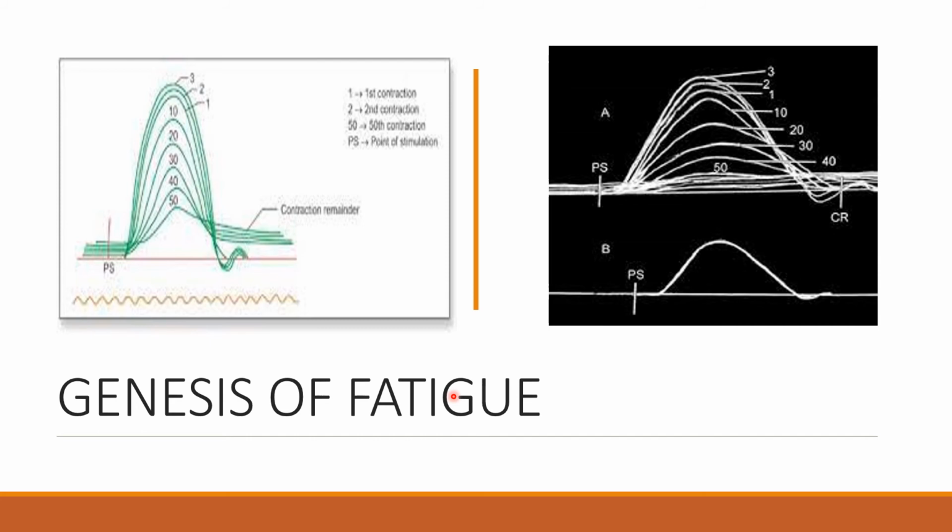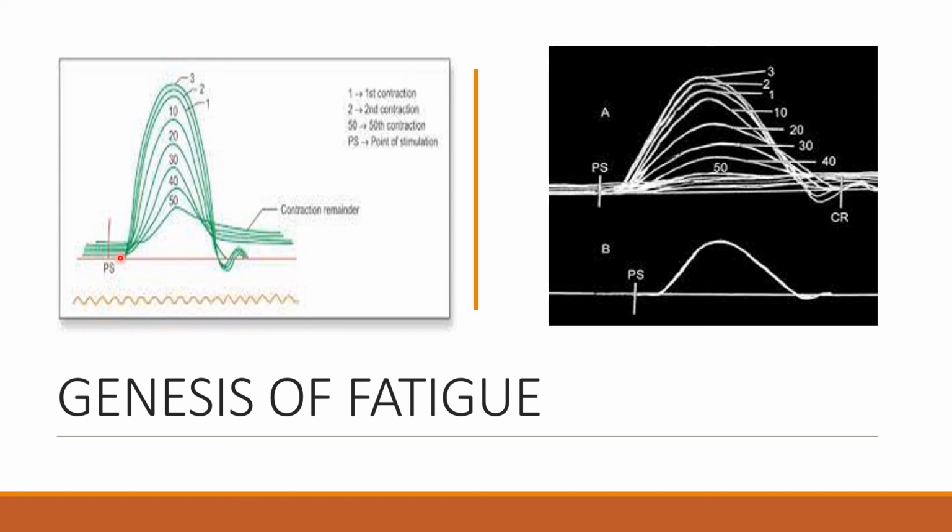The phenomenon of fatigue is recorded by stimulating the preparation without changing the baseline point of stimulus and strength. So the stimulation point and strength is not changed, but it is continuously stimulated. That is the process behind this, and the graph obtained will be like this.